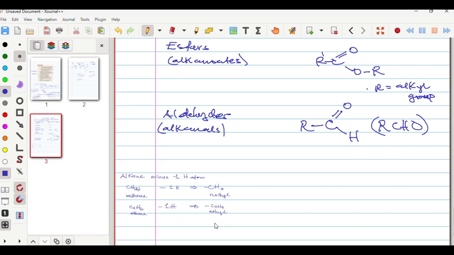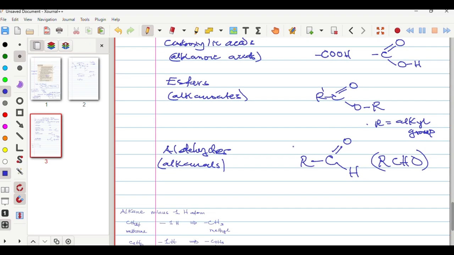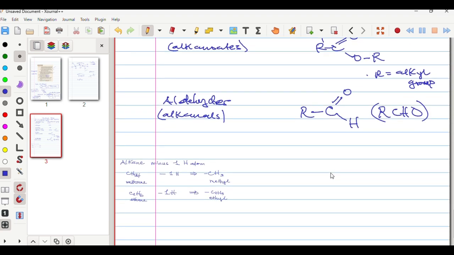It can be C4H9, yes, instead of H10. Okay, we'll come back to the examples. So that's aldehyde. The last ones, I think we have like 3 more to look at.